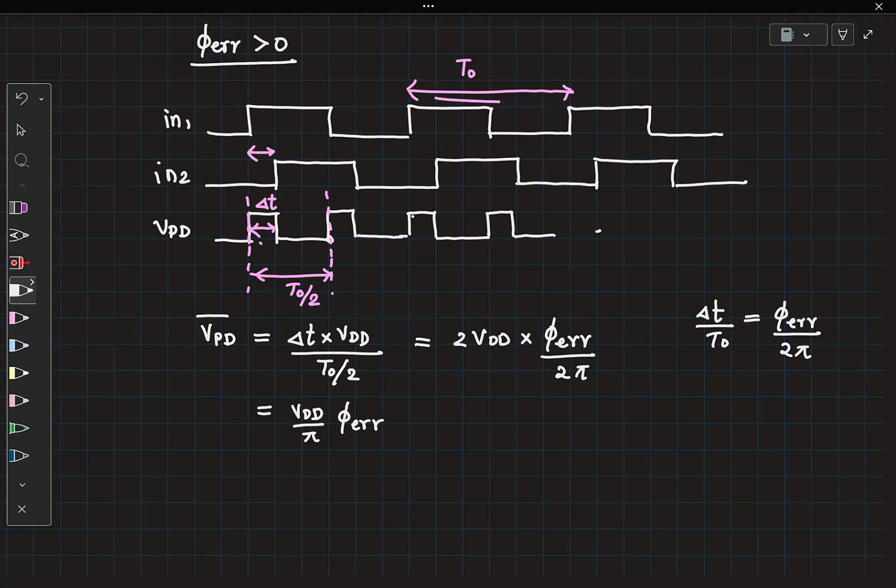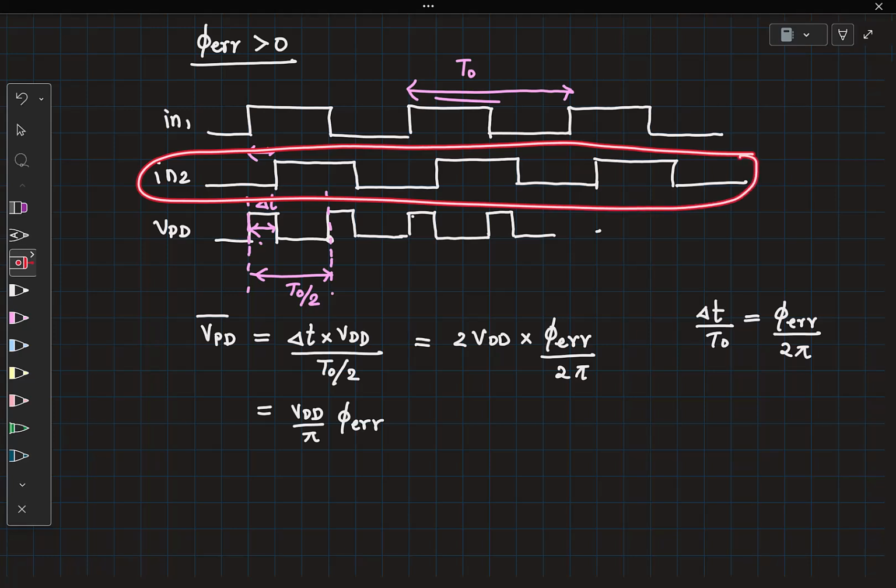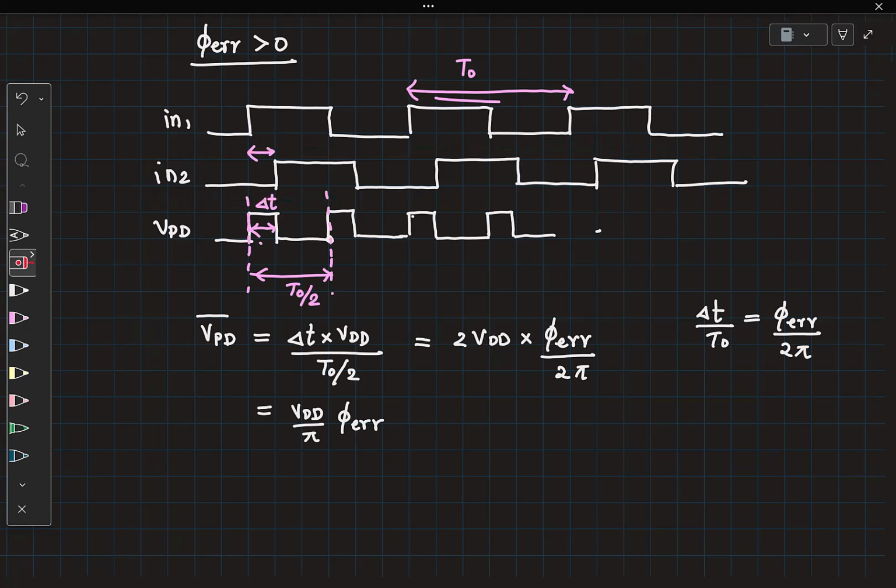And then we have to find out till what value of phase error this expression is going to hold true. Now imagine that you are taking this in2 signal and pulling it in this direction. As you move in2 in this direction, you'll see that this distance is going to increase, and then this delta T will also increase.